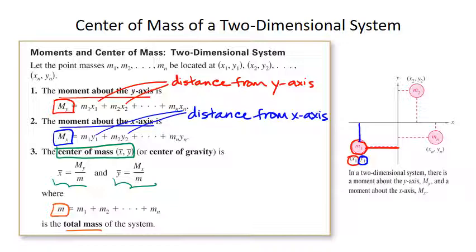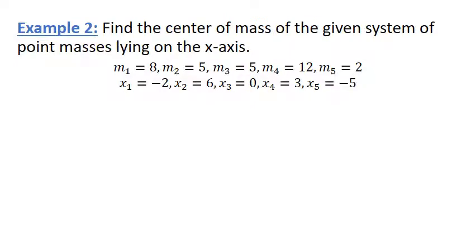Okay. Now, in this next example, I'm just going to do the center of mass of a linear system, so it's just kind of taking baby steps. So let's take a look at that. In this example, we are asked to find the center of mass. And recall, from the previous slide, that's x bar, y bar.